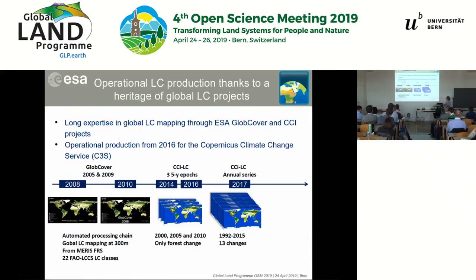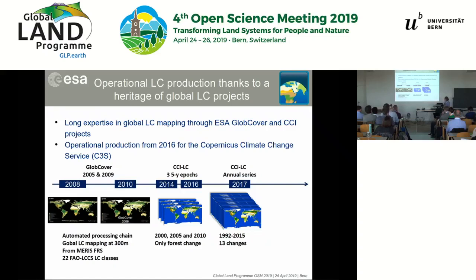So we haven't started within the Climate Change Initiative. Actually, we started some time ago with the GlobCover experiences, when we released GlobCover 2005 and 2009, where the outcome was really to build an automated chain using MERIS data and providing a land cover map with 22 land cover classes.